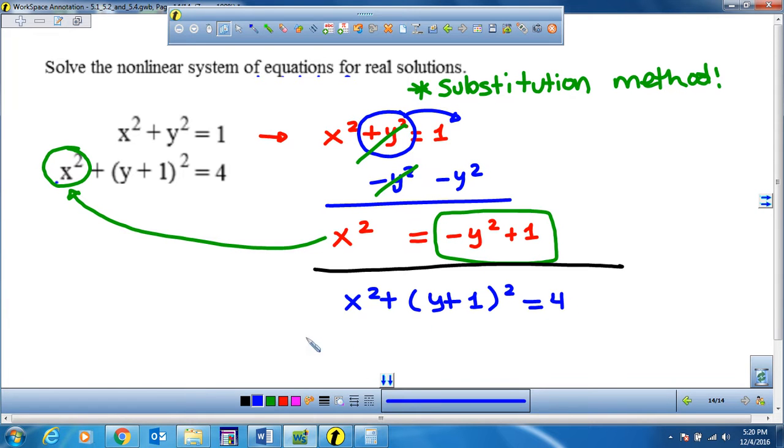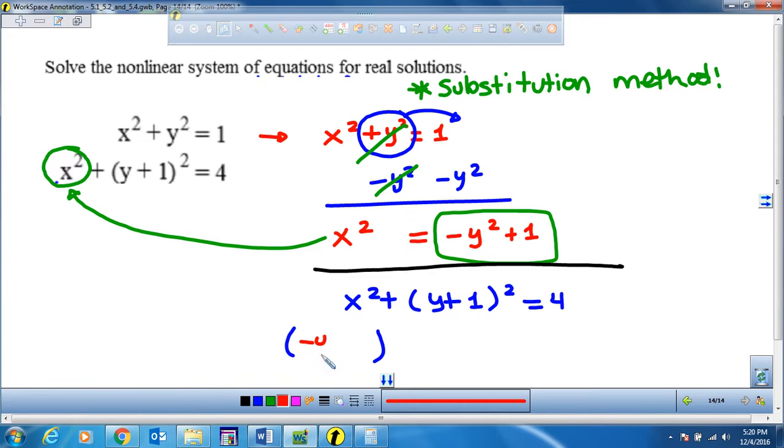For x squared, I'm going to put it in parentheses, and inside I'm going to put negative y plus 1, but x was squared, so this one's going to be squared too, plus y plus 1 squared equals 4.